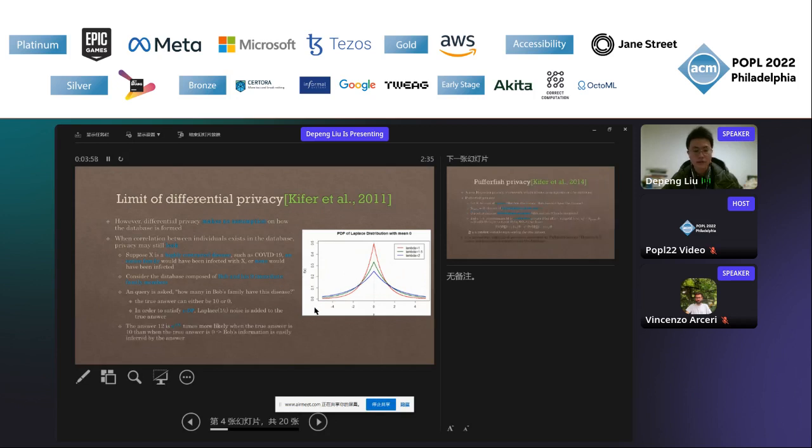And the answer 12, after adding this noise, is e to the 10 times epsilon times more likely when the true answer is 10 than when the true answer is 0. So Bob's information is easily inferred by the answer 12 in this situation, then the privacy is leaked.